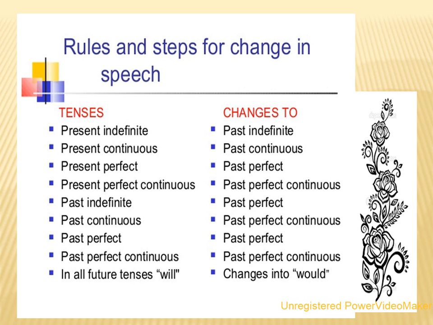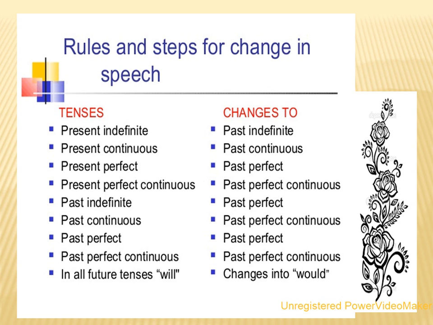Present continuous will change into past continuous. Present perfect will change into past perfect. Present perfect continuous will change into past perfect continuous. Past indefinite will change into past perfect. Past continuous will change into past perfect continuous.